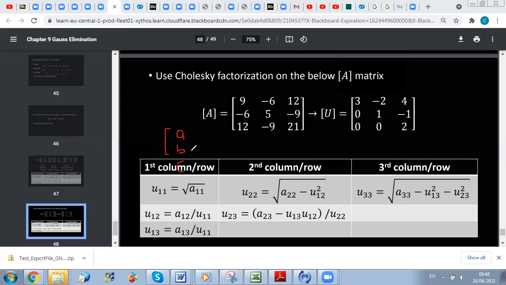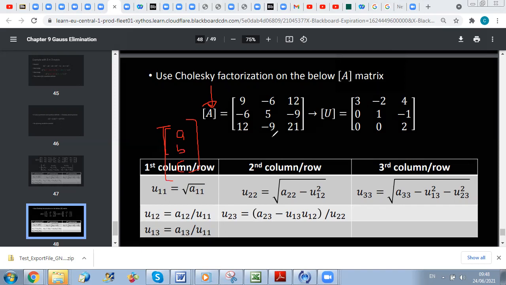Look, if in an exam they tell you to use Cholesky factorization for the following matrix, then surely it satisfies the rules. If they don't tell you directly to demonstrate that the matrix is positive definite and symmetric, there's no need to do it.